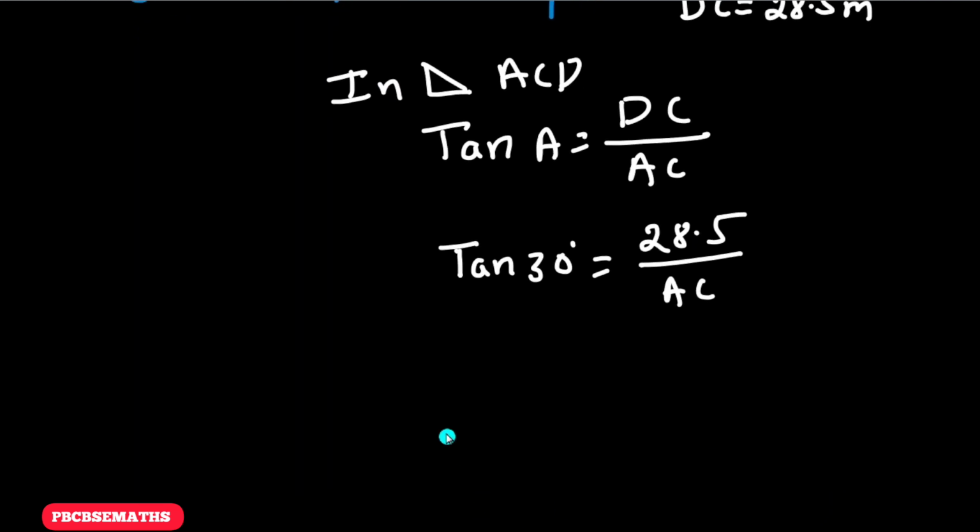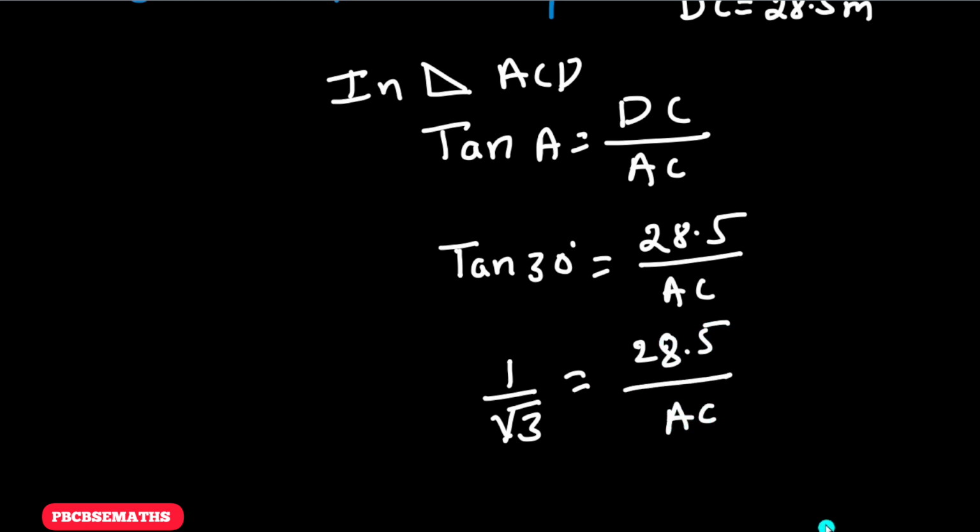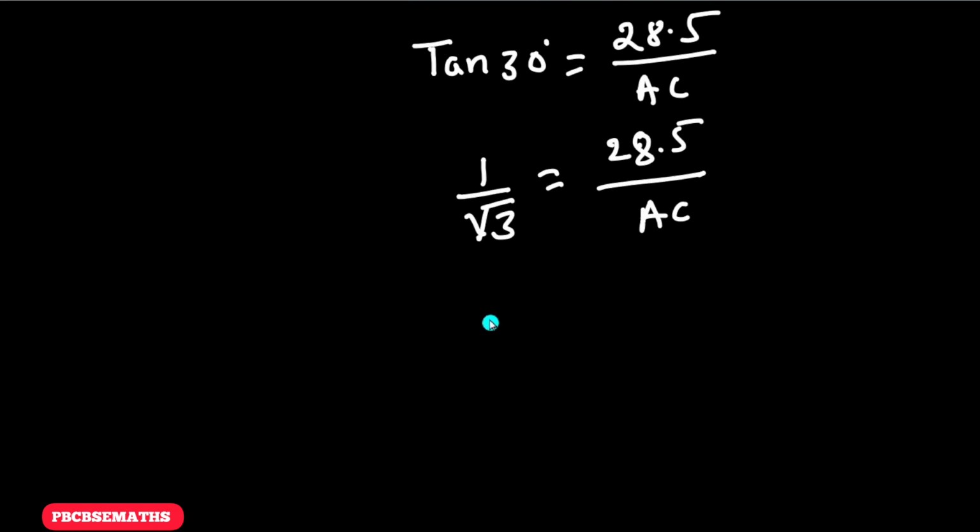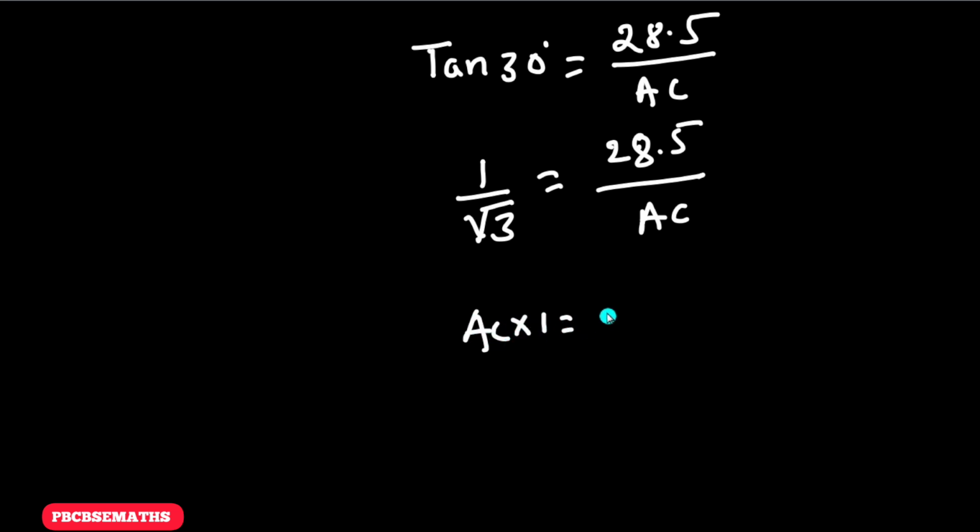We know that tan 30 degrees is equal to 1 by root 3. So 1 by root 3 is equal to 28.5 divided by AC. Let's go for the cross multiplication. Then AC into 1 is equal to 28.5 into root 3.